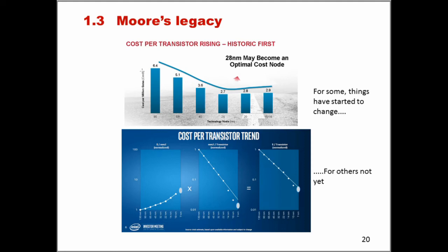So we can see here in the top graph that indeed there are already companies where the cost per chip is starting to stabilize. It's not going down anymore, but is starting now to stabilize. On the other hand, there are other companies where things are still working. So Moore's law is still, let's say, alive, if you like.